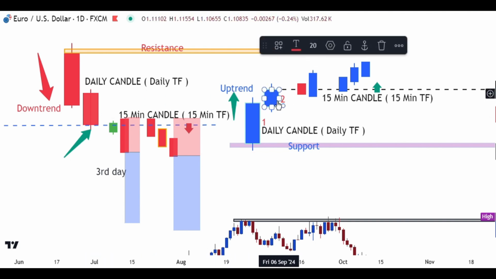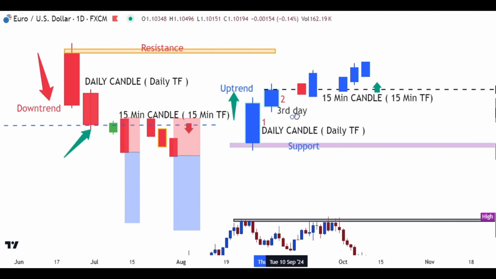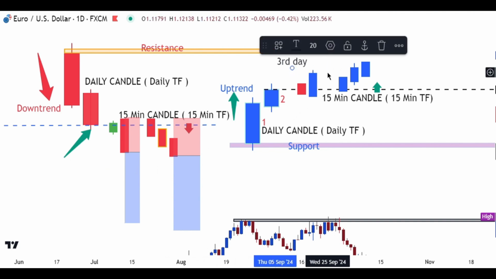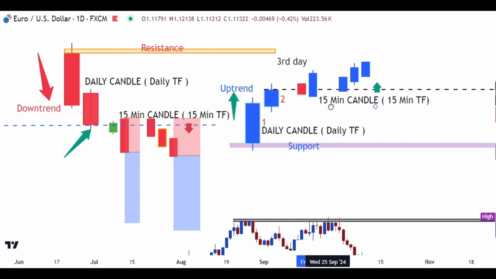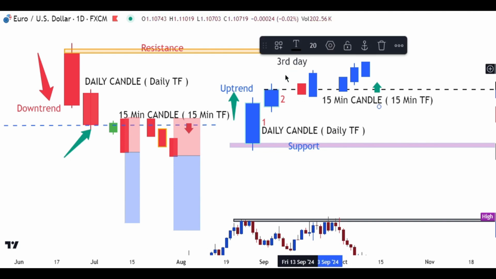So the second day candle closes above the first day candle. When the second day candle closes, then you go to your 15 minutes time frame on the third day. This would be the third day. So on the third day, you are looking for your entries. So this would be 15 minutes time frame on the third day.